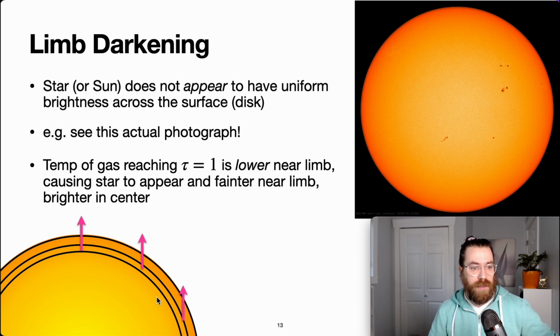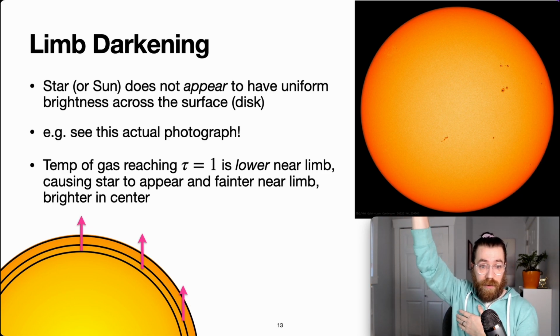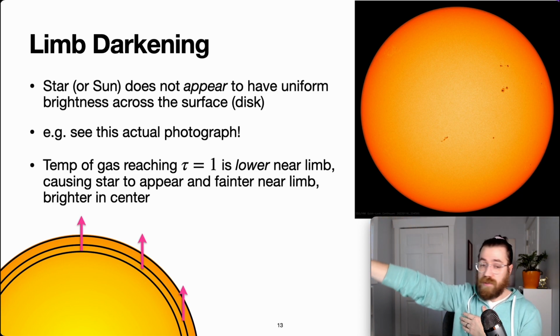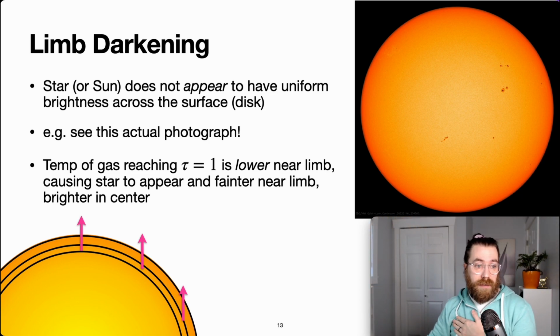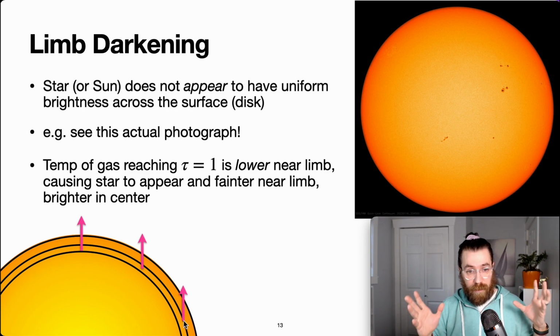And so this is the same. This is kind of the opposite of the idea of air mass, where when you're looking straight up in the atmosphere, you're looking through the least amount of the Earth's atmosphere as possible. When you're looking towards the horizon, you're looking at the maximum amount of the atmosphere possible. And the same kind of thing here. You're looking through the maximum column density of the cool gas on the surface of the sun, or in the outer envelope of the sun.